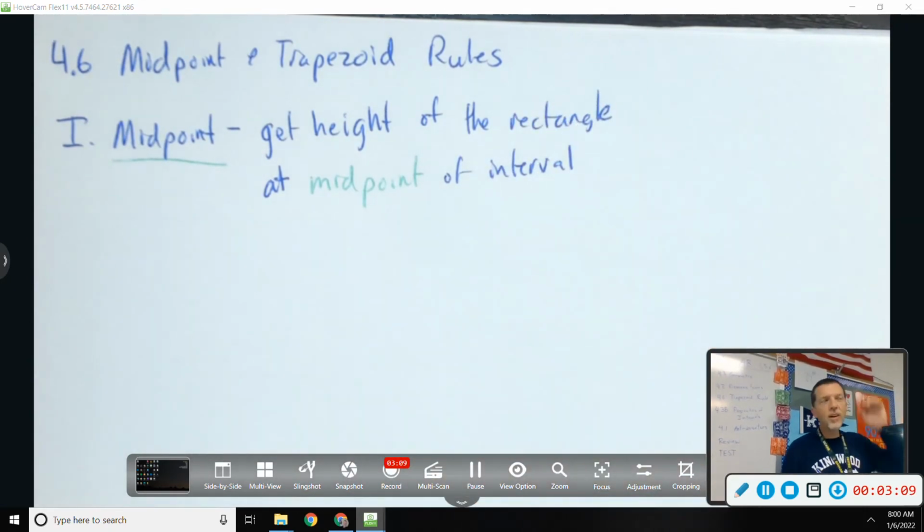So be careful, it's not the average of the left and right. It's not necessarily the average of the left and right. If it was linear, the midpoint rule and the trapezoid rule would be the same. You don't believe me?